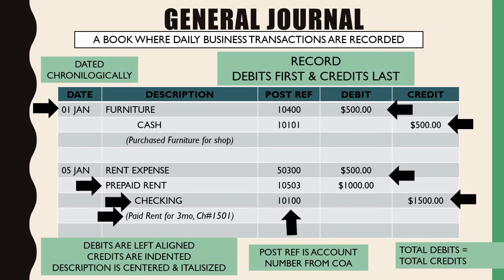Meaning, the day that you receive something, a proof of a transaction, you record it at the date exactly when it happened. All right? Because it's very important that you know when these transactions happen, especially if you're ordering or purchasing things, you definitely need to know when you bought them.